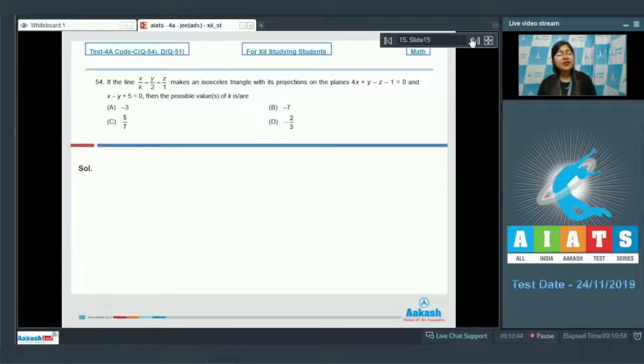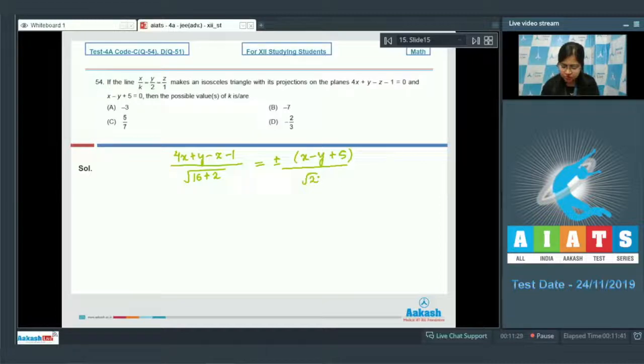If the line is making equal angles with both the planes, it means that the line will be parallel to the angle bisector of the two planes, right? So the angle bisector of two planes can be found: 4x plus y minus z minus 1 divided by root of 16 plus 2 is equal to plus minus x minus y plus 5 divided by root 2.